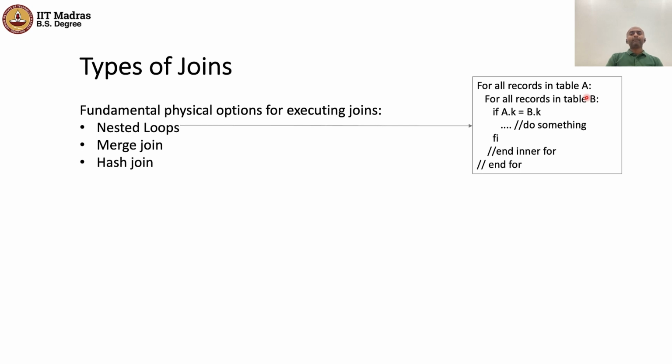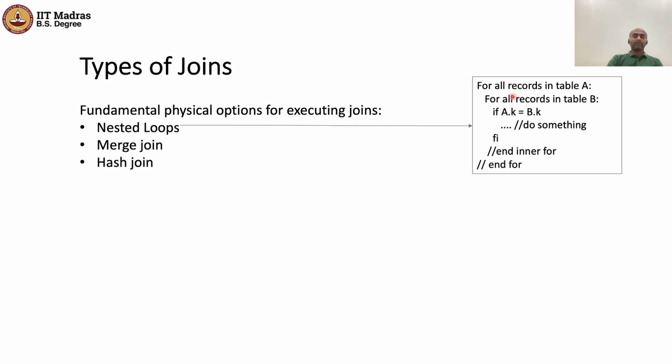So in physically doing this step of join, effectively using nested loops, I do two loops, one within the other. In the outer for loop, I iterate over all the records in table A. In the inner for loop, I iterate over all the records in table B, and for each such record, I check: is there a match? If there is a match, then do something.